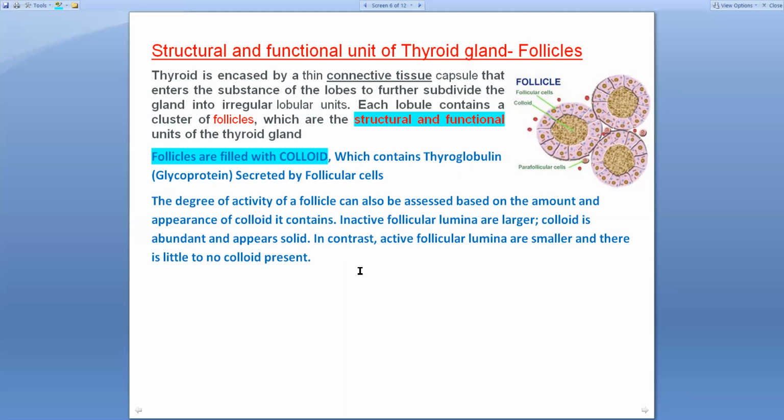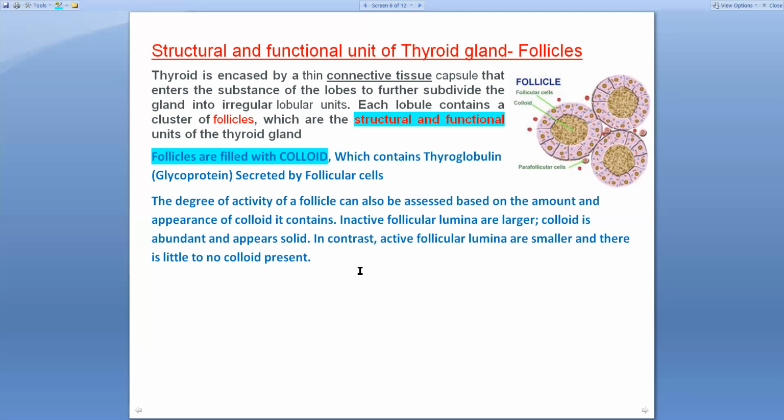And if the follicles are active, the lumina are smaller and there is little or no colloid present. So if the colloid is larger in amount, the follicle is less active or inactive.